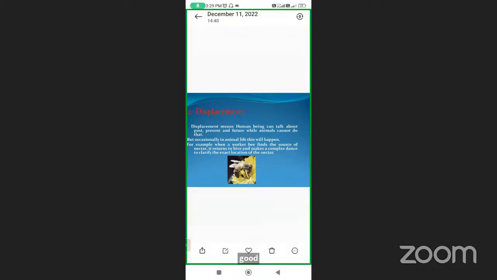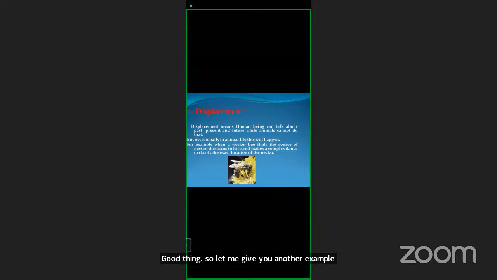Okay. So let me give you another example. Displacement actually simply means when human beings use language to talk about n number of things irrespective of time, space, and virtuality, or you can say metaphysics, right?